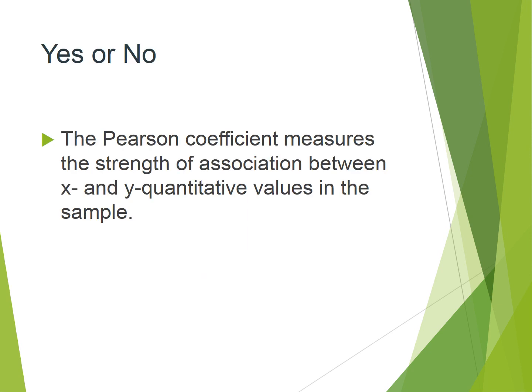Yes or no? The Pearson coefficient measures the strength of an association between X and Y quantitative values in the sample. Think about it for a minute, but be careful. This has a little bit of a trick to it. The answer is no, because Pearson doesn't measure an association, it measures just a linear association.